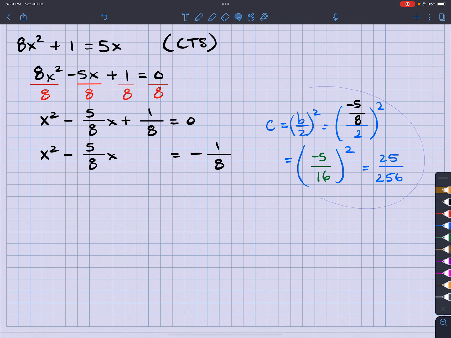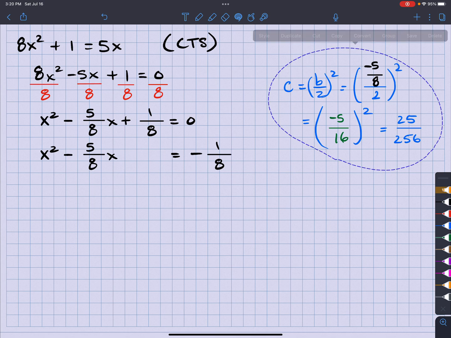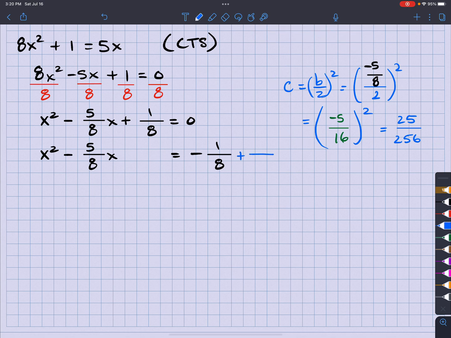So that is what I need to add to both sides. So let me go ahead and move this here a little bit higher. So that has to be added over here, and added over here as well. Okay? So I have to add it to both sides. The left side is easy because I just have to factor the left side.